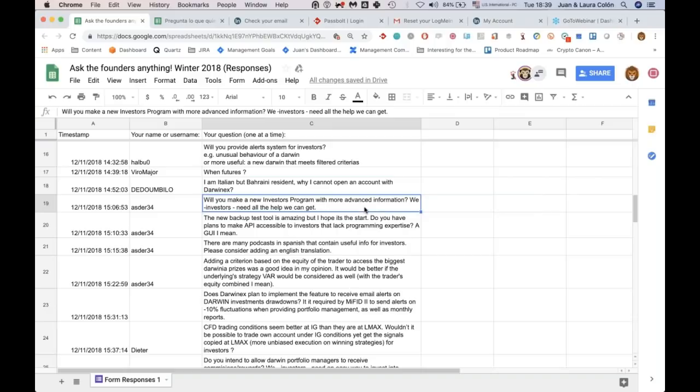Because at this point, I think we already offer pretty advanced information, and as some other users were saying, it's kind of complex as it is right now. But if he's asking about the Darwinex education program for investors, right now we have decided to do just one program, which is dedicated to those investors who are willing to invest passively and are newbies in Darwinex.